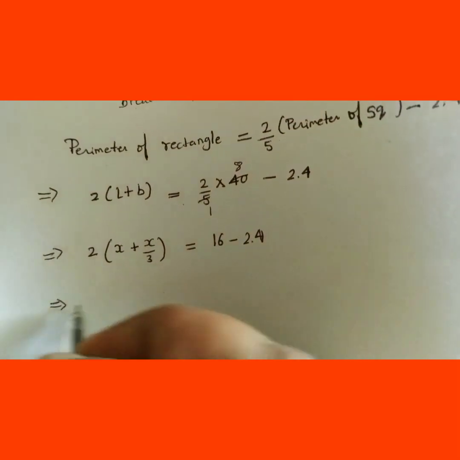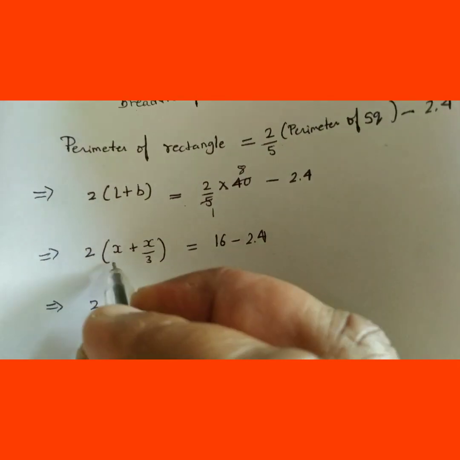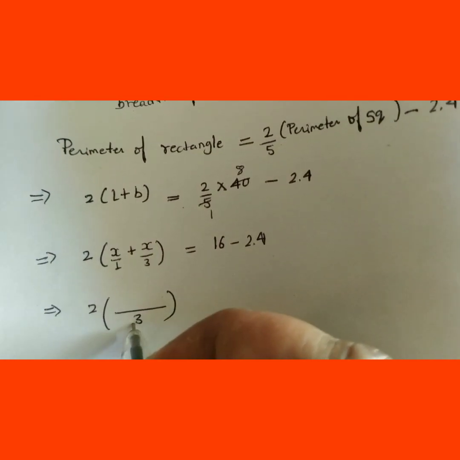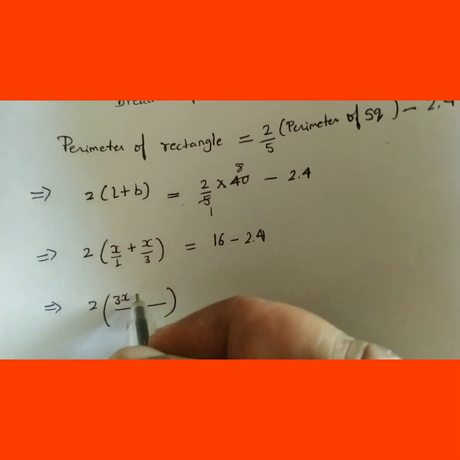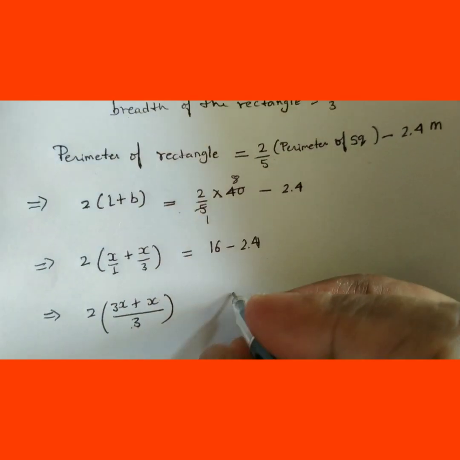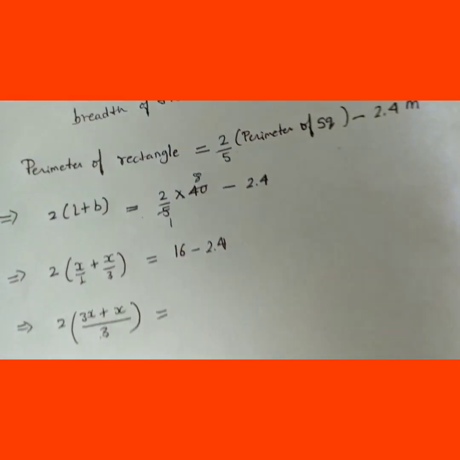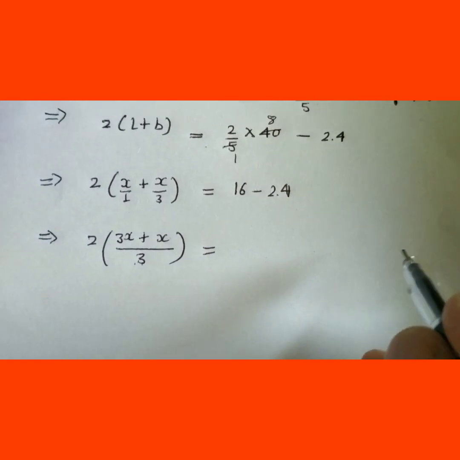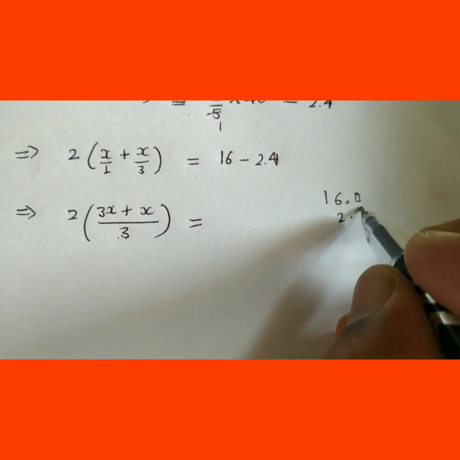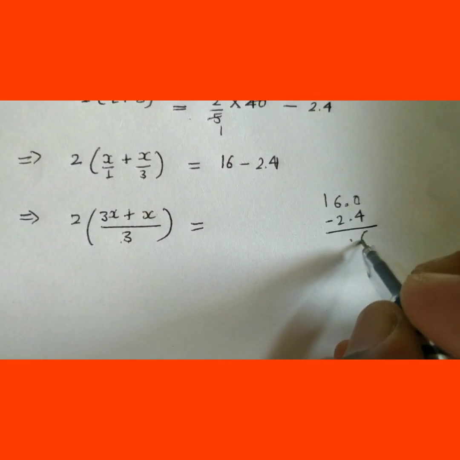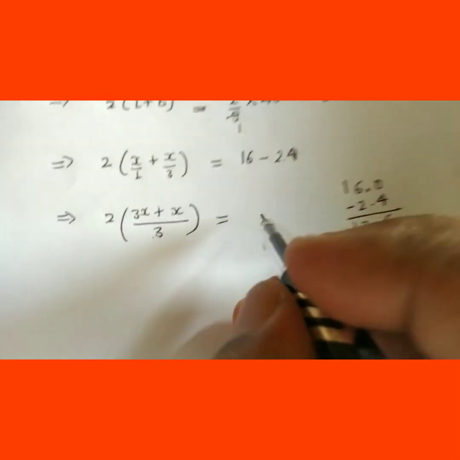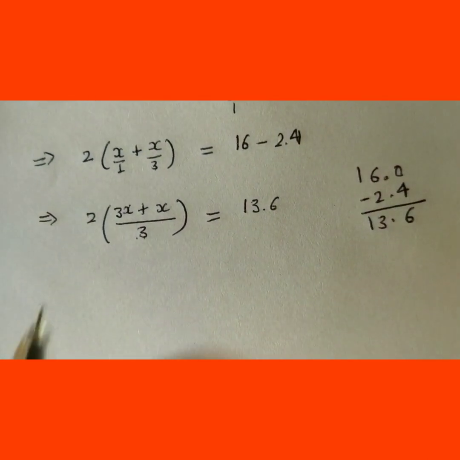That implies 2 into, here LCM is 3, so 3 into x, 3x, and 1 into x, 1x or x, is equal to, subtract 2.4 from 16, 16.0 minus 2.4, 6 4 10, here we have 5, 5 minus 2 is 3, 13.6, this is 13.6.